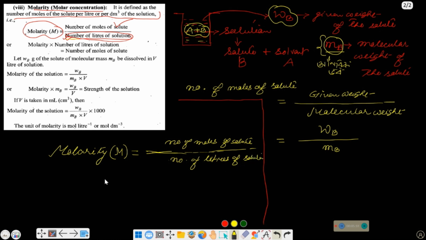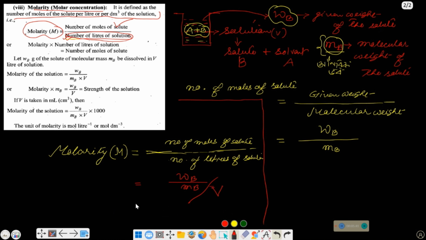So this will be WB by MB divided by how much? Suppose the volume of the solution is V, then this will be your answer, right?